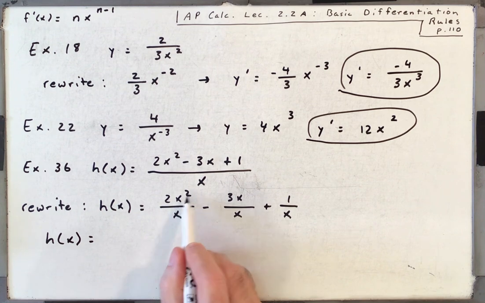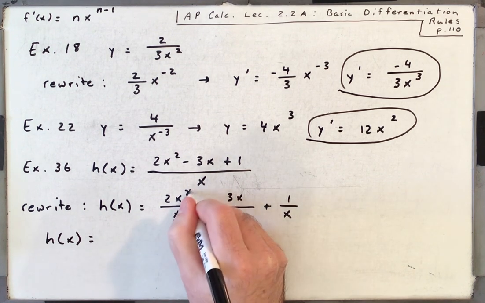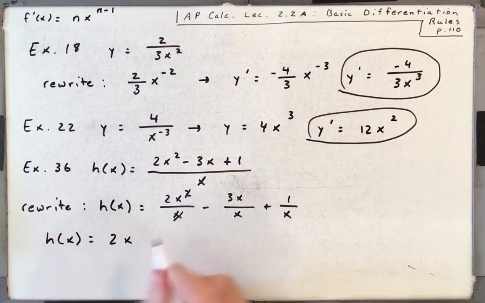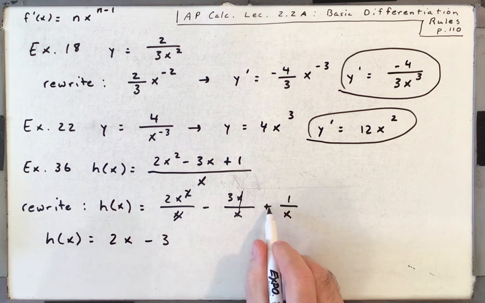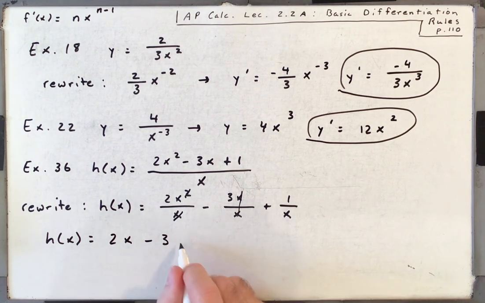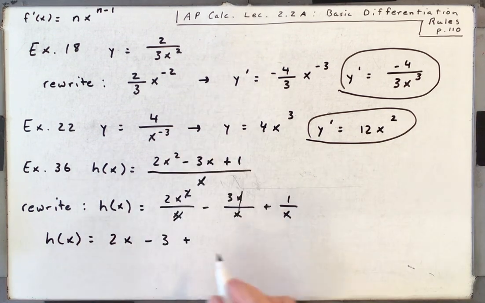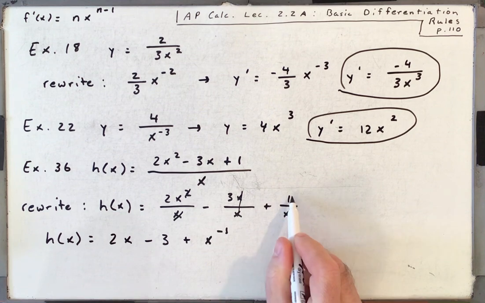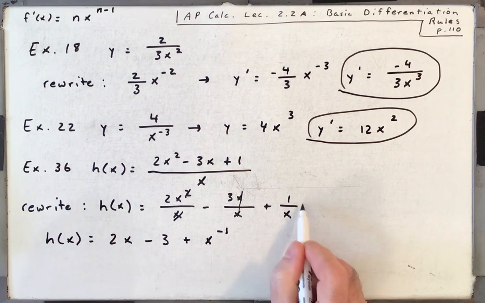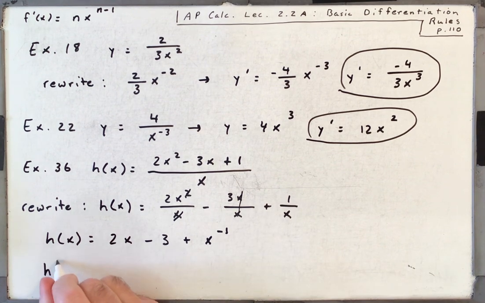What's 2x squared over x? Well, you cancel an x, and it's just 2x. Here the x's cancel, so minus 3. And then how can we write 1 over x? That's an advantageous way to use the power rule. It's x to the minus 1. Remember, that's 1 over x to the first power. Bring the x upstairs, and it's x to the minus 1. Now we can use the power rule.